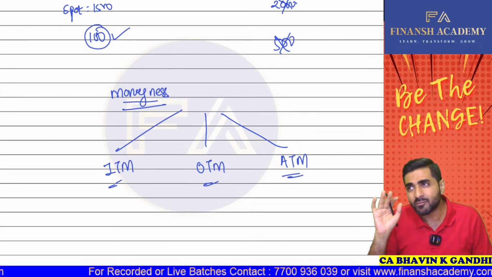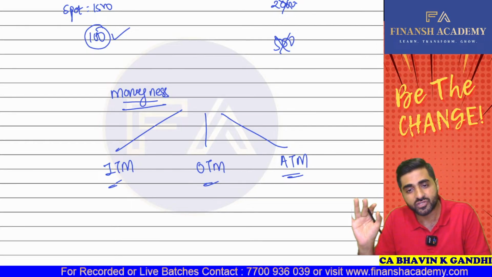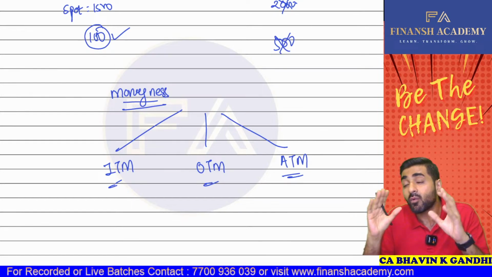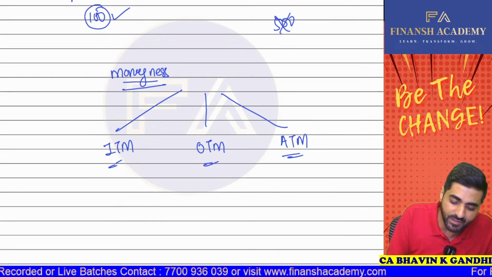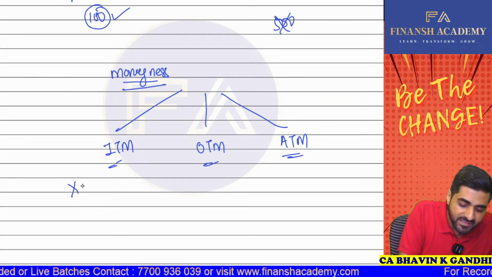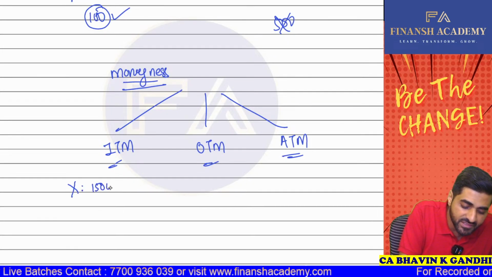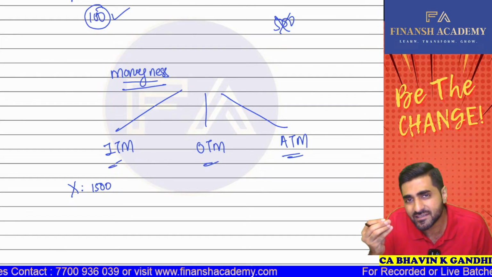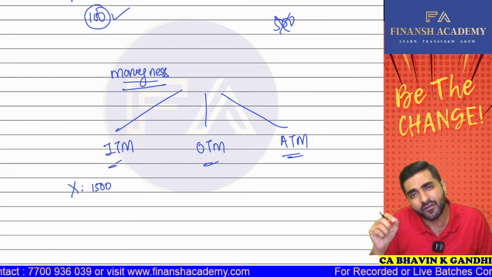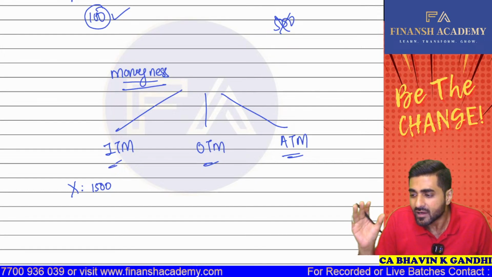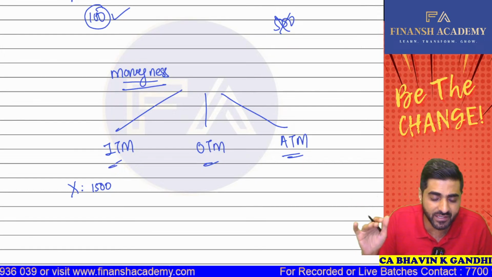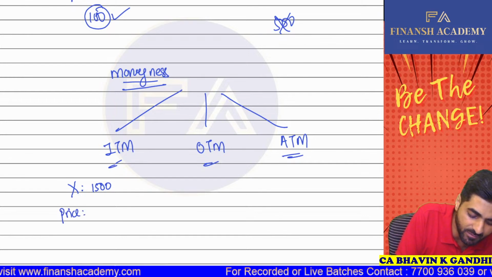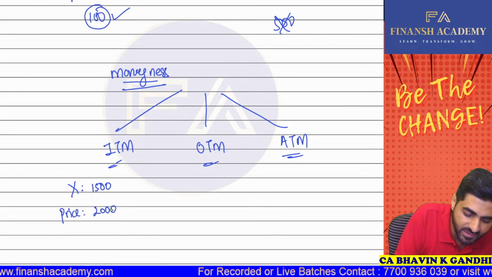Now, my dear students, when I'm talking about an in the money call option, what is in the money? Let's say for example, the strike price is 1500 rupees. So I have a right to buy Reliance Industries Limited for 1500 rupees. Let's say on expiry, the price becomes 2000 rupees.